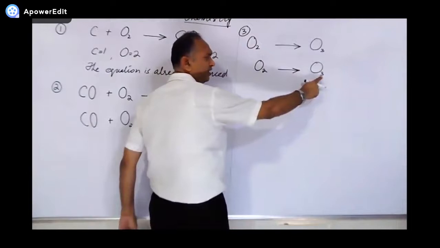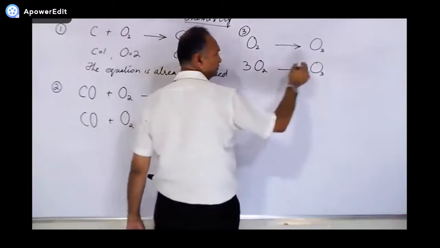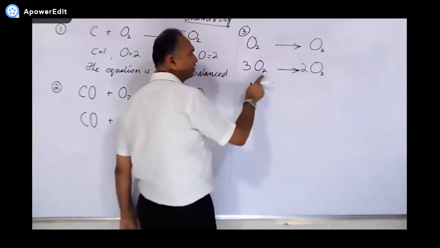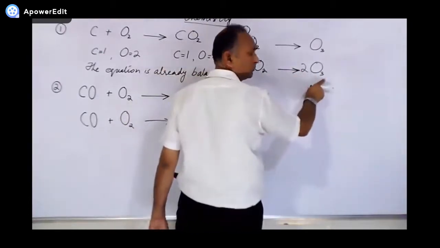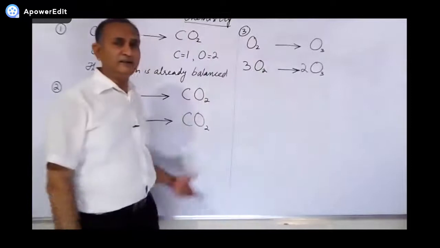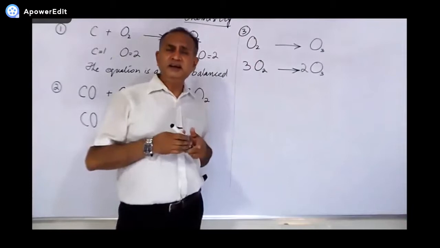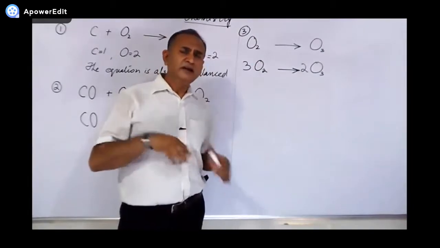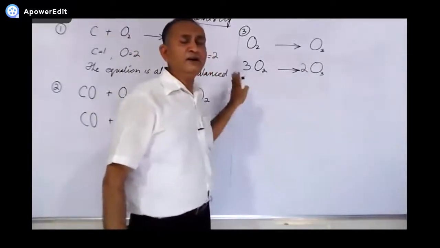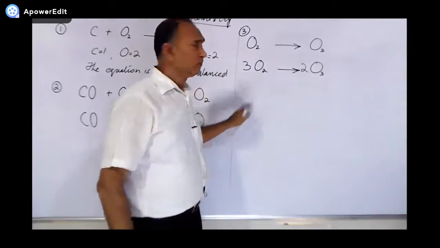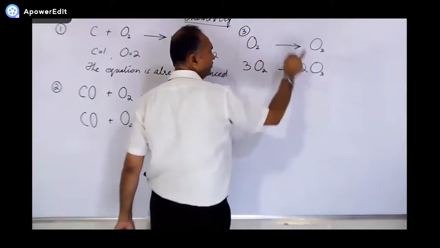What's the coefficient here? 3. What's the coefficient here? 2. Now how many oxygen on the left side? 3 2s are 6. How many oxygen on the right side? 2 3s are 6. So what is the point to be noted here? If you see any 2 consecutive numbers, like 2, 3, like 3, 4, like 4, 5, then exchange their coefficients. Like we have 2 and 3. So 3 I wrote over here and 2 I wrote over there.